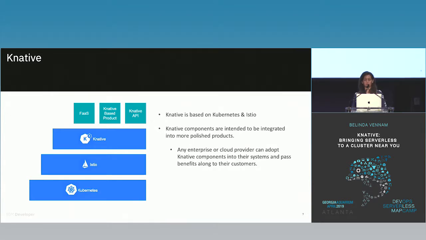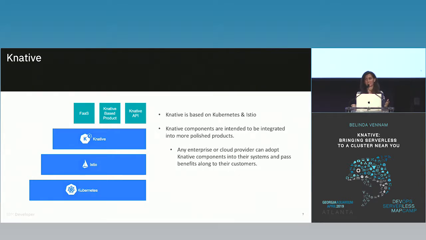So Knative is built on top of Kubernetes and Istio. Developers can definitely use it directly, but ultimately the most user-friendly experience is going to be to use a product that's built on top of Knative or a product that's Knative compliant. It's an open source project, which is really exciting. It's at release 0.4, I believe.